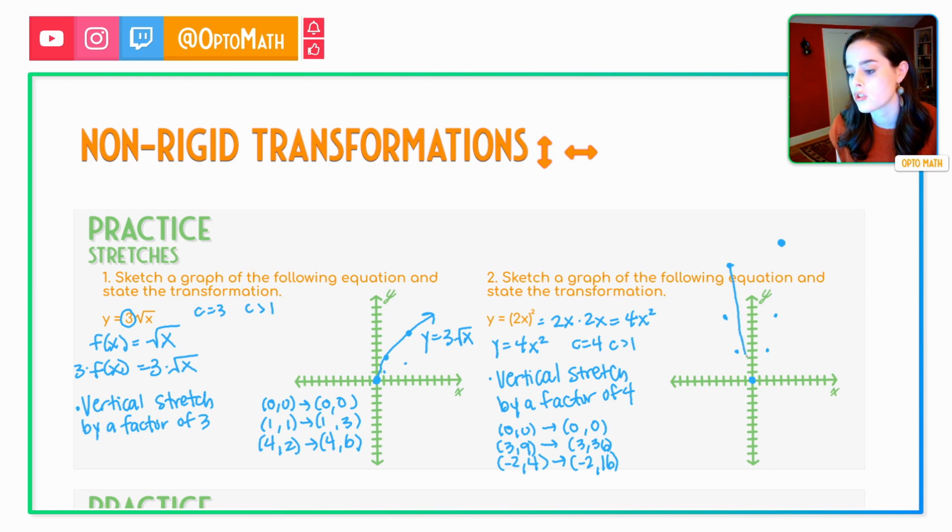But what we really care about seeing is how much skinnier your new transformed function is from the parent function. You can see here's where y equals x squared would be, and it's gotten skinnier because remember, stretching vertically, you're getting taller, you're going to get skinnier.